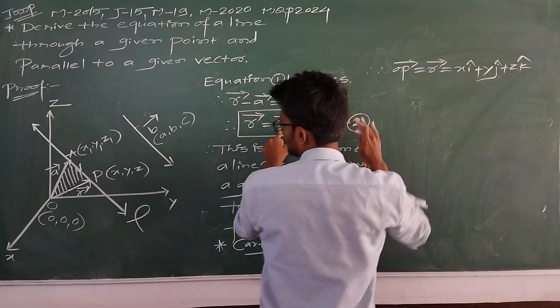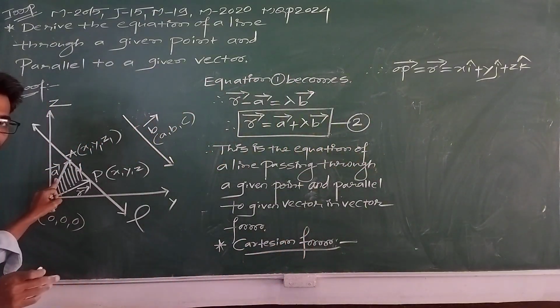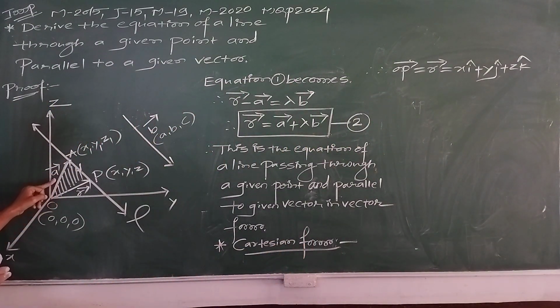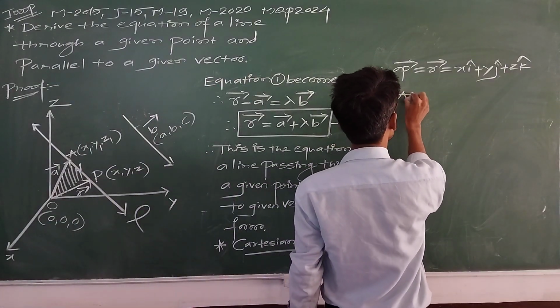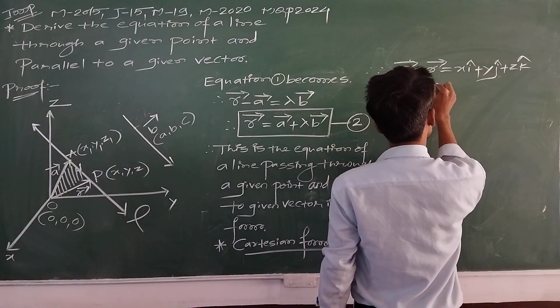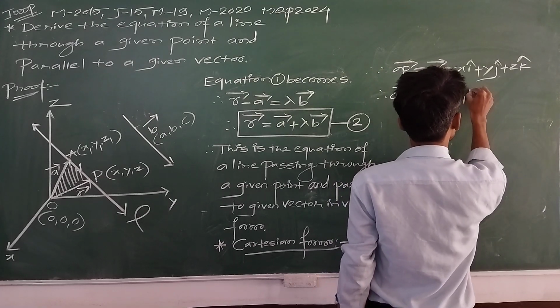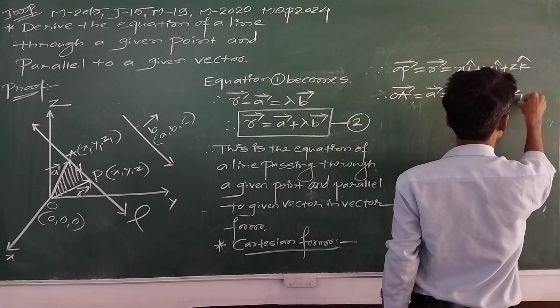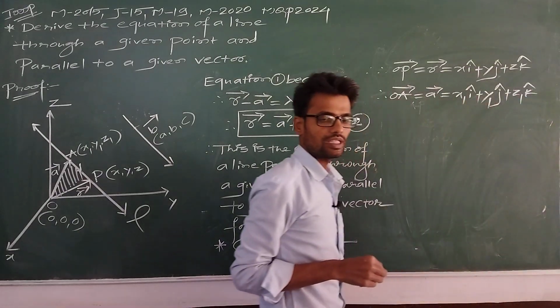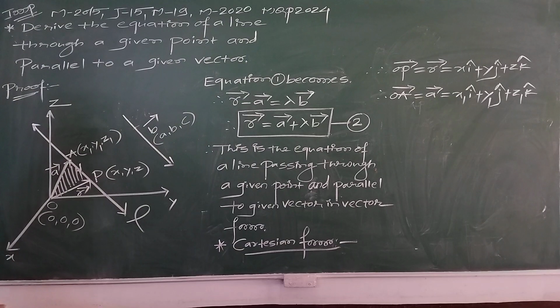Next, A vector is the position of the point A with respect to the origin, and the coordinates of A are x1, y1, z1. So therefore OA vector is equal to x1 i cap plus y1 j cap plus z1 k cap, right?